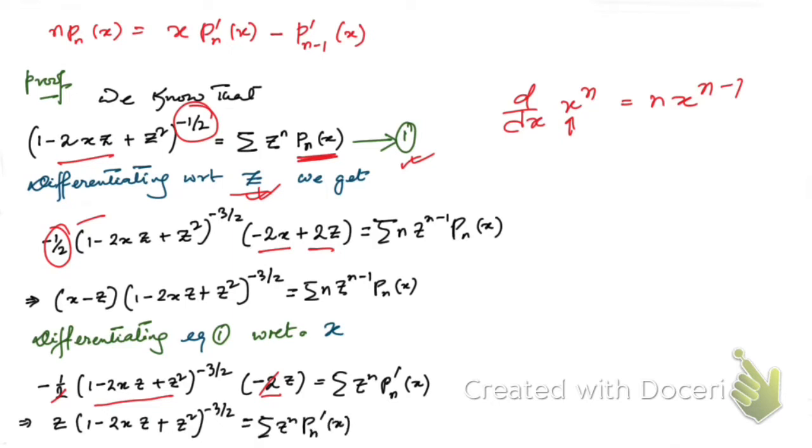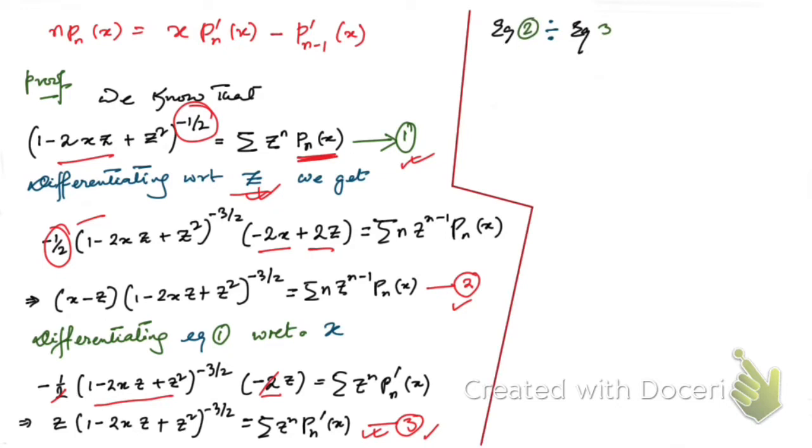Now let me write these two results. Let us take these as equation number 2 and 3. Then what will happen? Now let us divide equation number 2 by equation number 3.